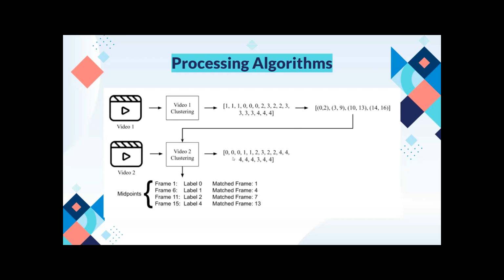In that case, it'll match up all of these different frames to understand the relationship between frames across videos. This processing algorithm is essentially the same for both supervised and unsupervised learning, although there are slight differences in how we applied it, but in practice it's identical.